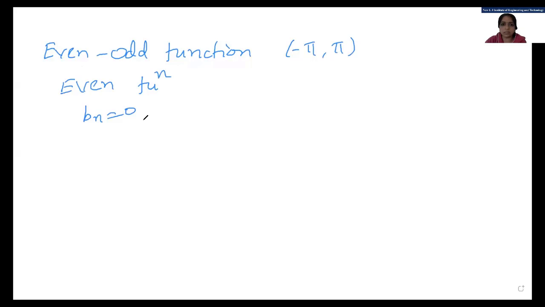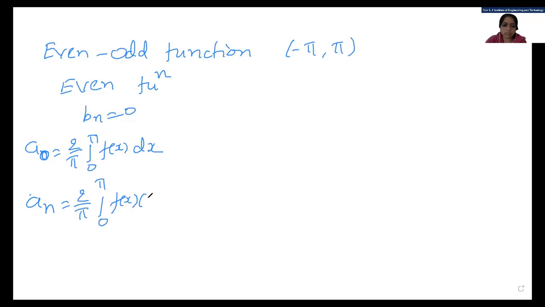We have to directly write down bn equal to 0, and the formula for a0 is 2 by pi, integral 0 to pi f of x dx, and an is 2 by pi, integral 0 to pi f of x cos nx dx, right? It means the formula for the Fourier series is a0 by 2 plus summation n 1 to infinity an cos nx only.